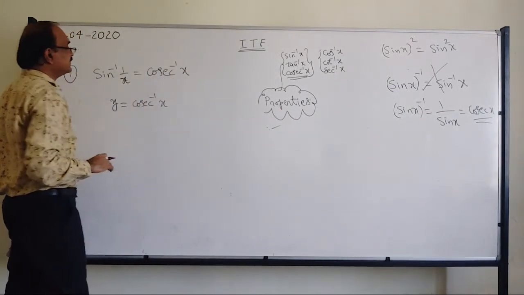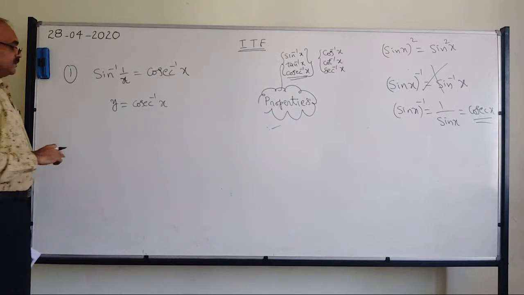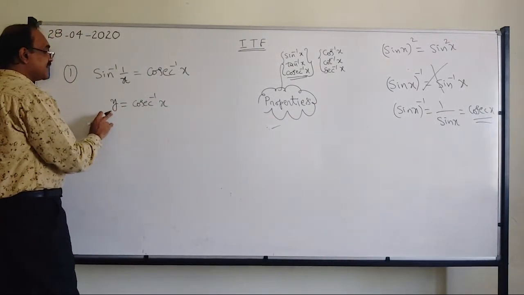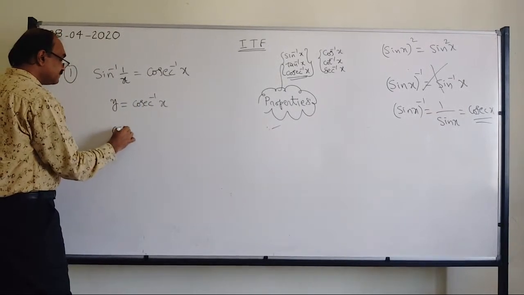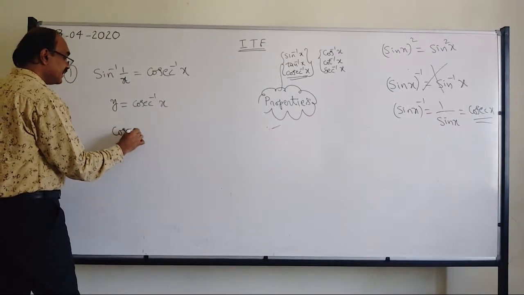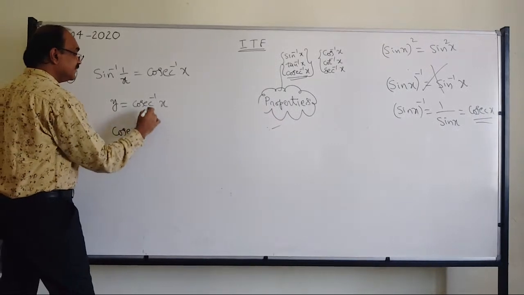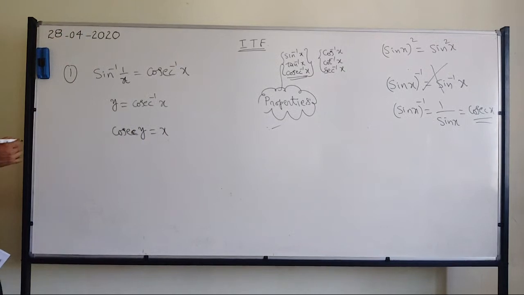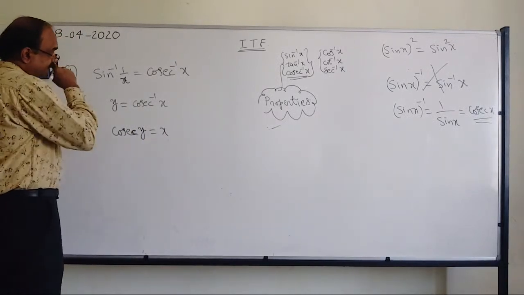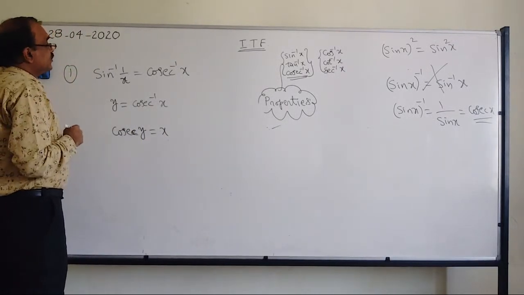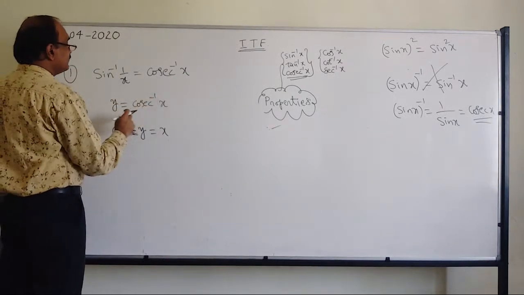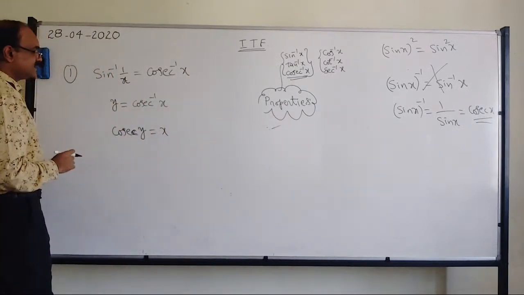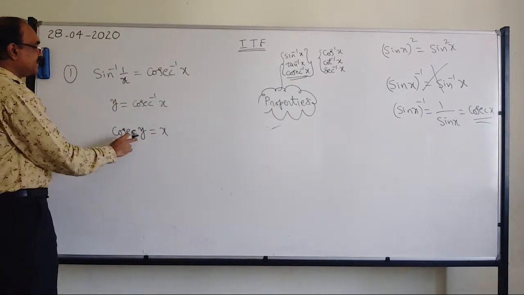If cosecant inverse comes this side, this becomes cosecant y equals x. Right? Now what is y? Y is cosecant inverse x.